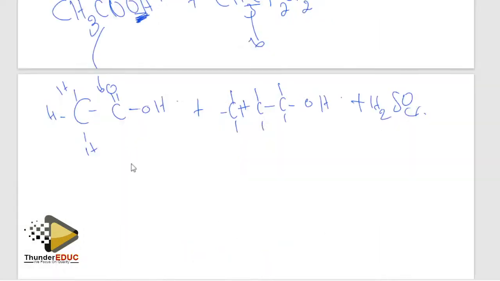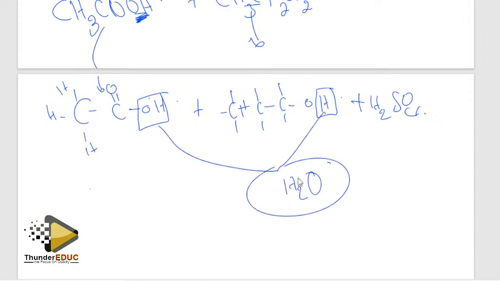So now here, look guys. If you look at it here, you'll find out that this carboxylic acid will lose this, while alcohol will lose that. Then it forms water. By losing water, we call it condensation. So now I combine this with this.